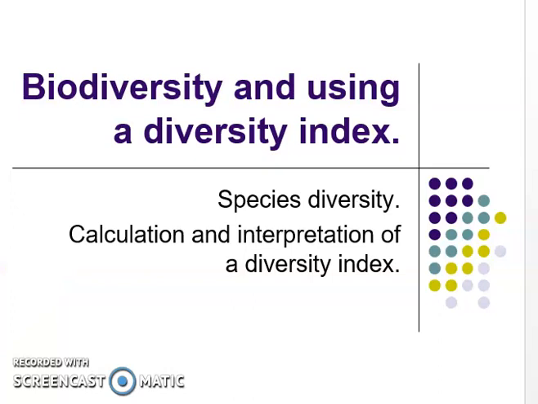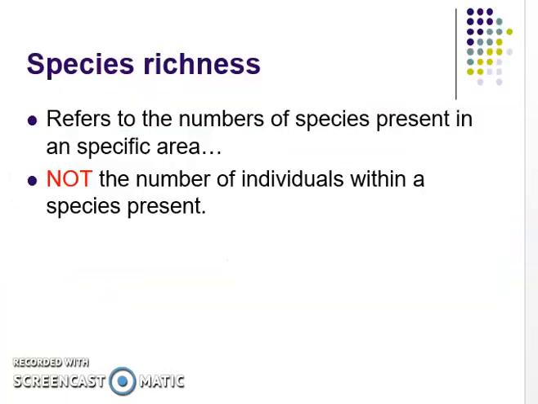So there are two definitions we need to know. One is species richness and the other one is species diversity. Species richness is very simply the number of species present in a specific area. It's not the number of individuals within a species, just how many species there are in a particular area.